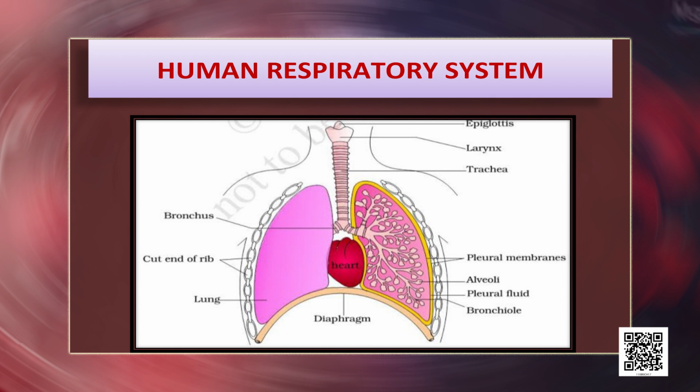Larynx is a cartilaginous box located in the anterior part of the neck. Until puberty, there is little difference in the size of larynx in men and women. After puberty, due to testosterone hormone, it grows larger and becomes prominent in men. Therefore, it is called Adam's apple.